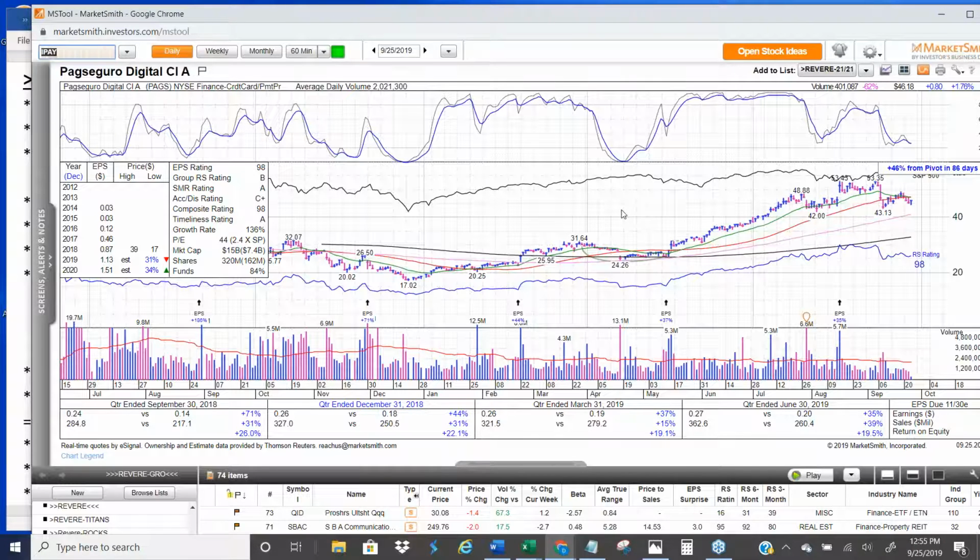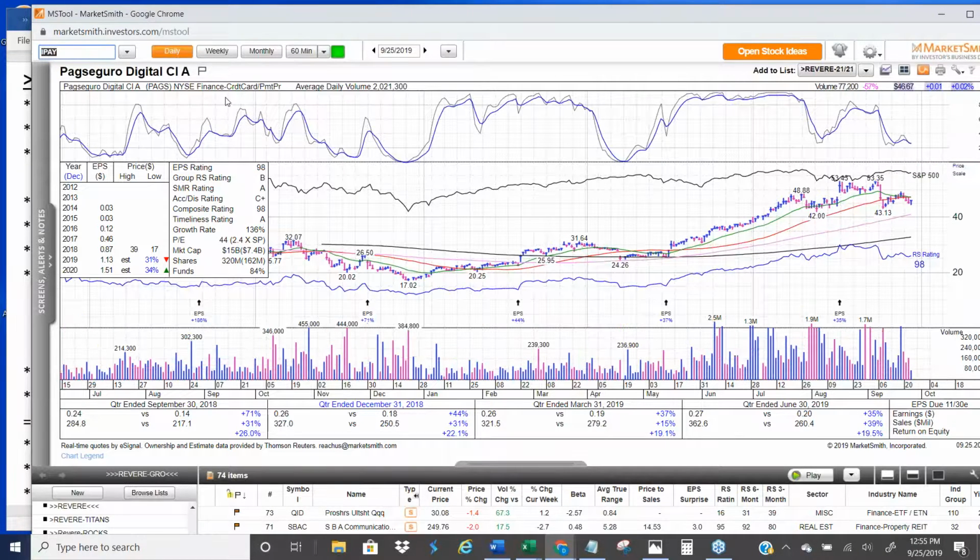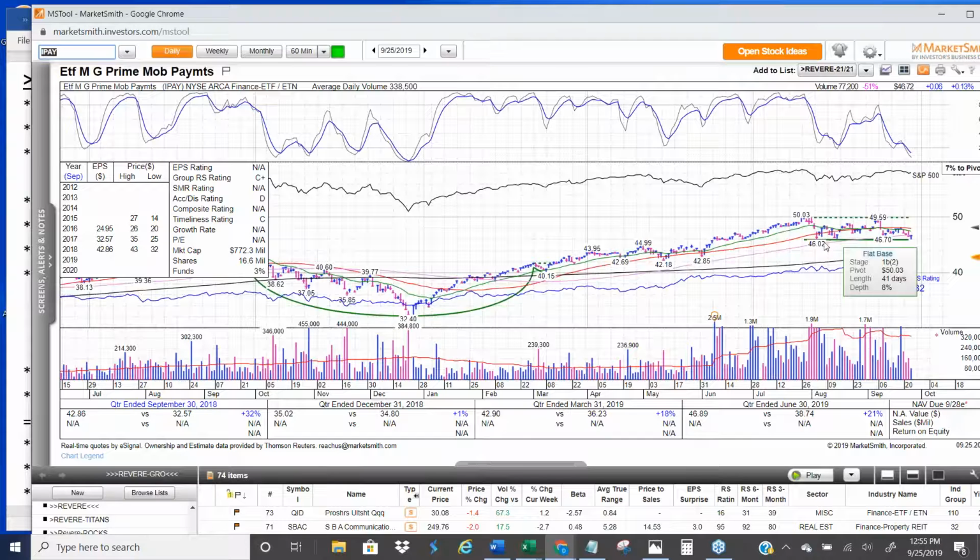IPAY is the ETF that corresponds to the card payment sector, and I'll take a look at the charts of all these stocks, but every single one of them, Visa, MasterCard, American Express, PayPal, they all topped about the same time. And you can see the relative strength on IPAY really starting to go lower, starting 5 weeks ago.